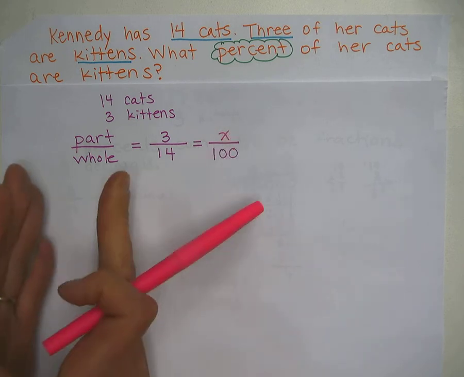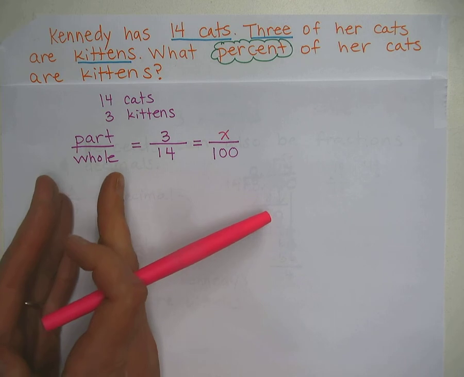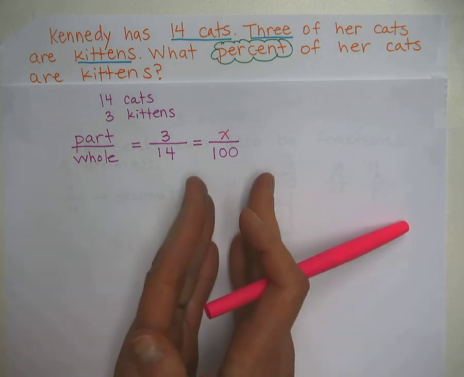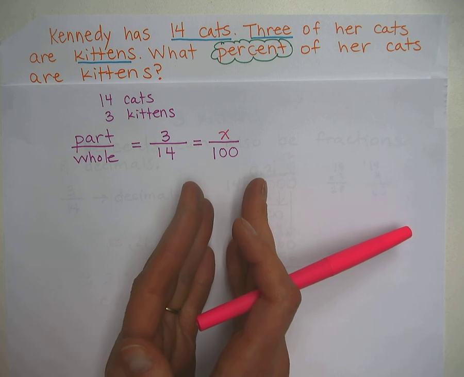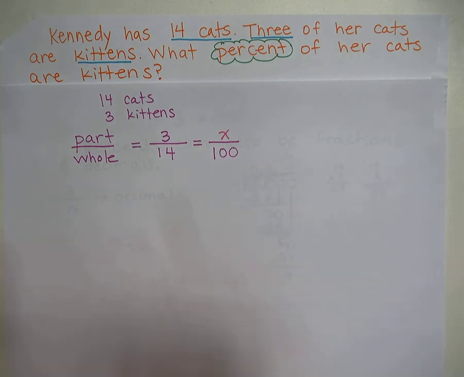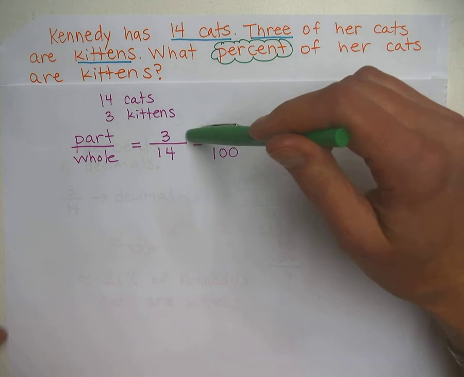So basically you've taken the basic information, part to whole, as numbers, and now we're turning it into a percent. We're bypassing the decimal, basically. It doesn't necessarily mean it's easier or better, it's just a different way to do it. So now we have a proportion and we have to solve for x.